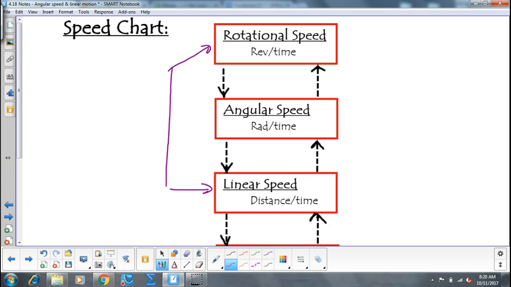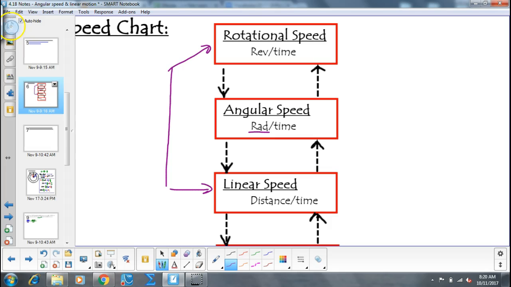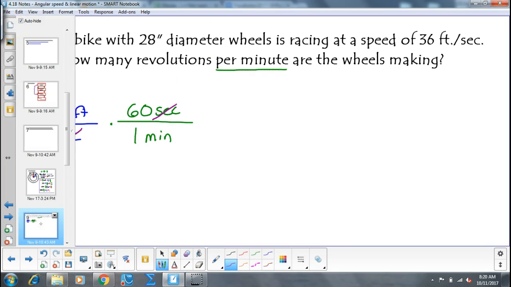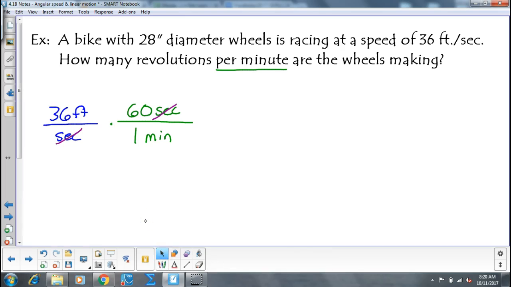First I need to get it into radians. So how many feet is a radian? 14 inches is a radian, right?